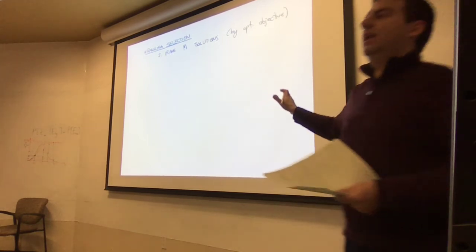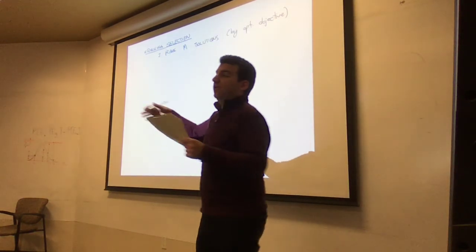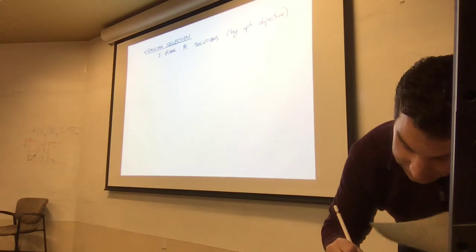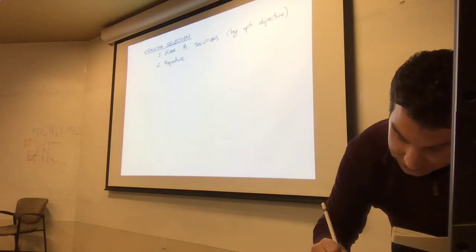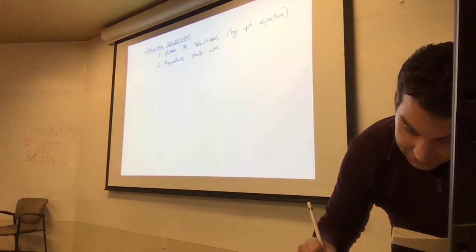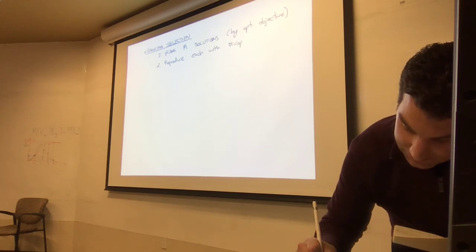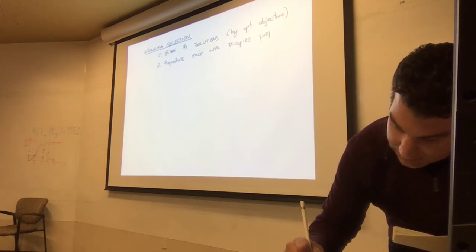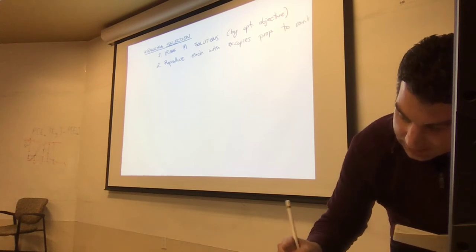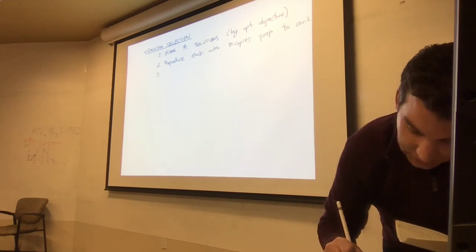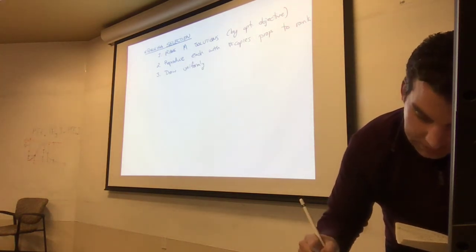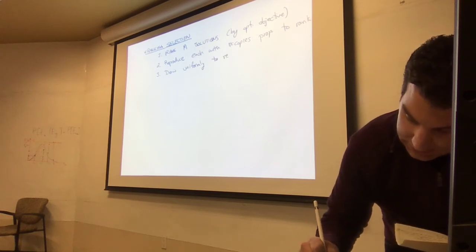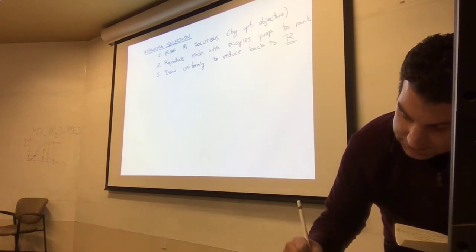Here I don't need to create a fitness function necessarily, but it gets indirectly created in the next step. Second, I reproduce each with a number of copies proportional to rank. Third, I draw uniformly to reduce back to R breeders.